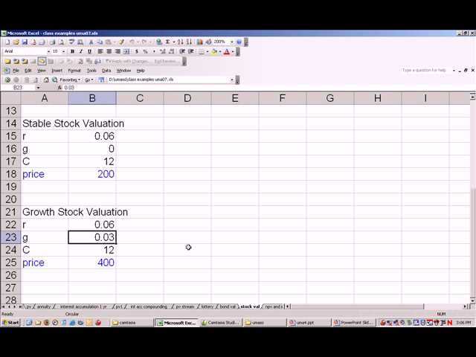Applying our present value of a growing perpetuity formula, we get a stock price that's determined by taking the current dividend and dividing it by R minus G.